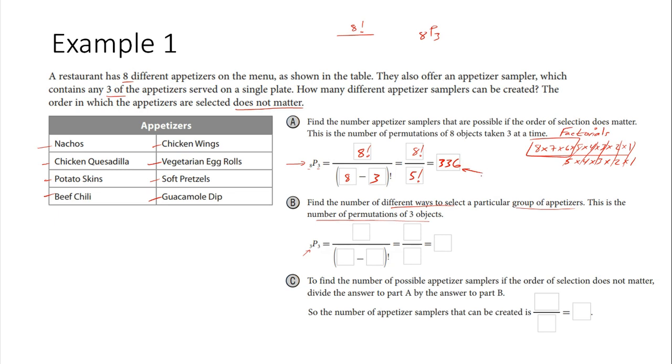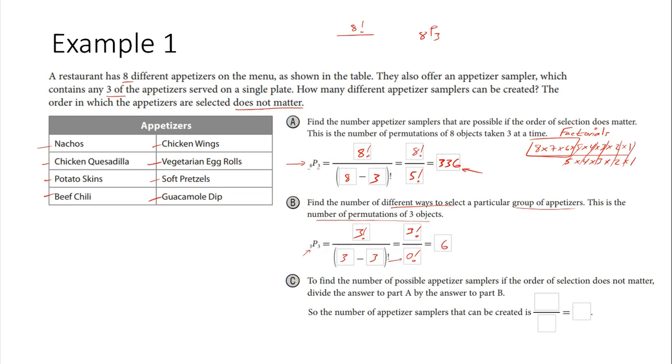Okay, but now, what order do you want them to come in? What's going to come first? Well, you have 3 appetizers, and you're choosing 3 in a certain order. And that's just going to be 3 factorial over 0 factorial, because 3 minus 3 gives us 0 factorial.